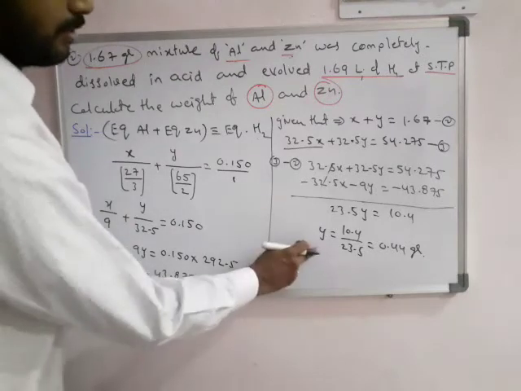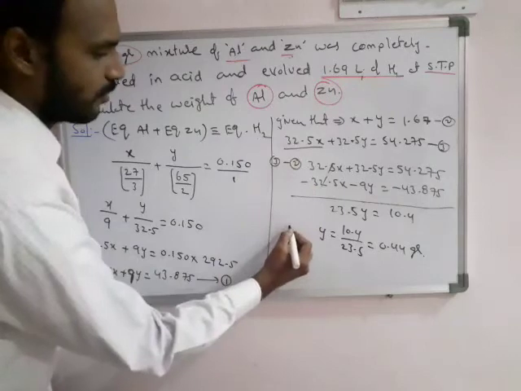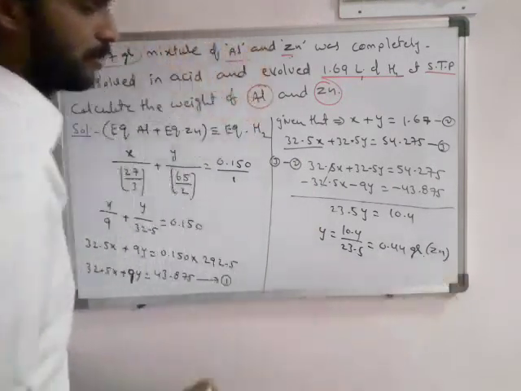So here the zinc is y. Therefore, the amount of zinc is 0.44 grams.